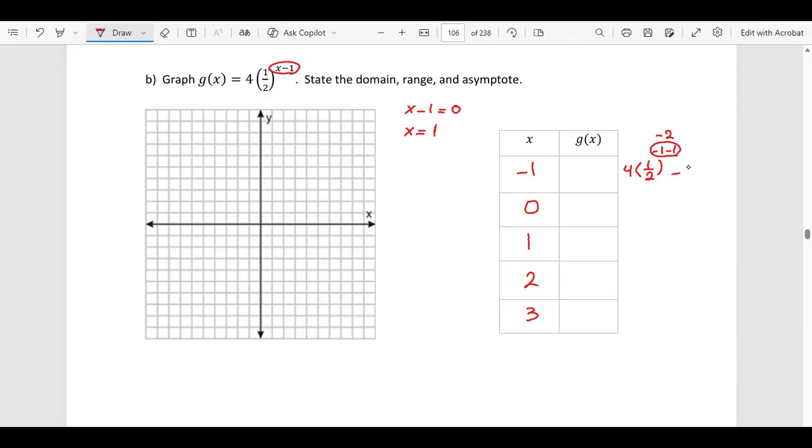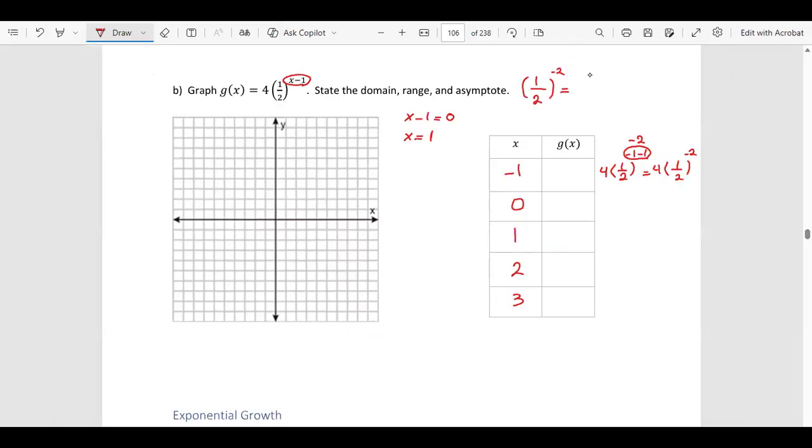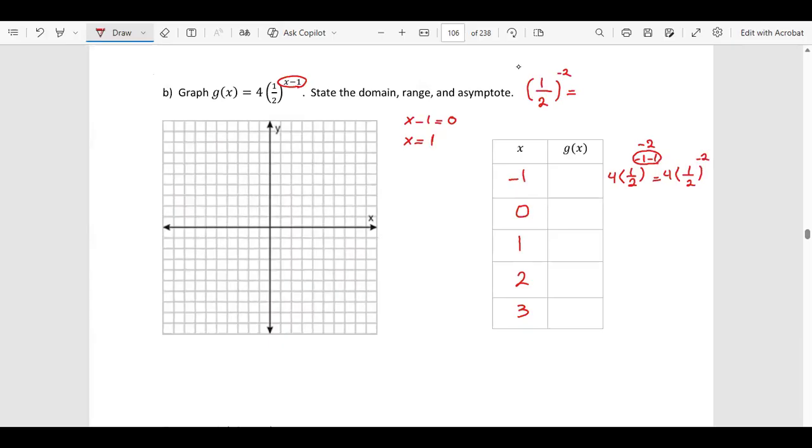So now I have 1/2 with the negative 2 power, and I need to find it, but I have to make the power positive first. If I have 1/2 with the negative 2 power, that means 1 has a negative 2 power, and 2 also has a negative 2.